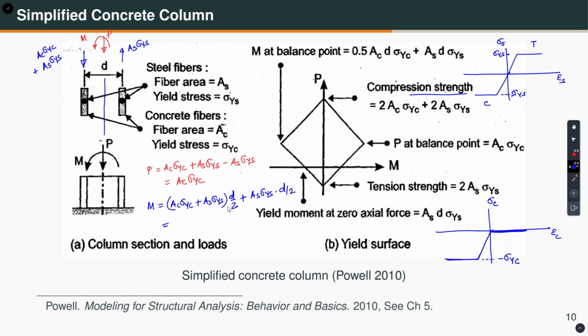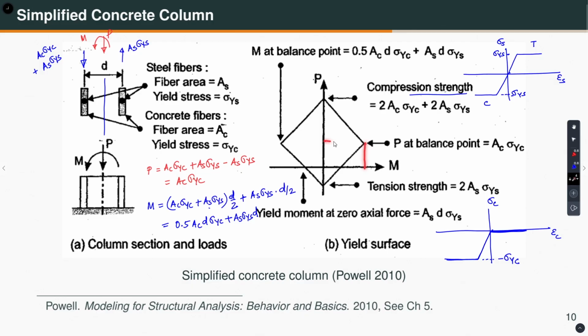Okay. So, this gives me 0.5 A_C d sigma_YC plus this will get added A_S sigma_YS multiplied by d. Okay. This is exactly what is written here. Okay. So, this is the balance point moment.